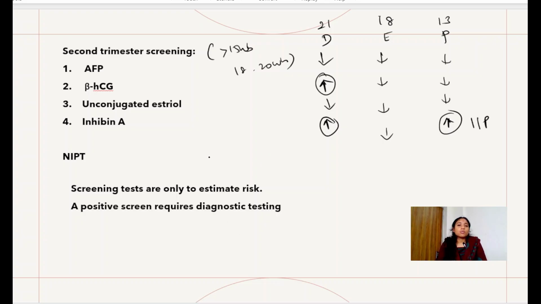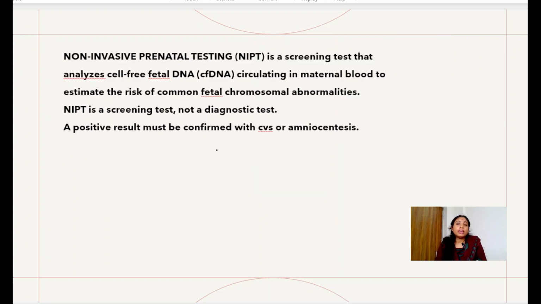Okay, next, what is NIPT? NIPT is also one of the screening tests. It is not a diagnostic test. NIPT is usually done after 10 weeks. In NIPT, we extract circulating cell-free DNA from the maternal circulation, that is, fetal cell-free DNA.